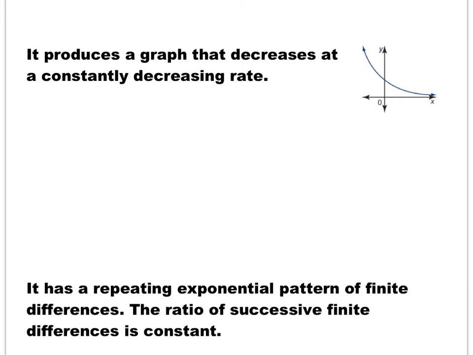Now, if we go ahead and plot an exponential decay function, the graph that you get looks like this graph. And if you go from left to right, you can see that the rate of change is decreasing.